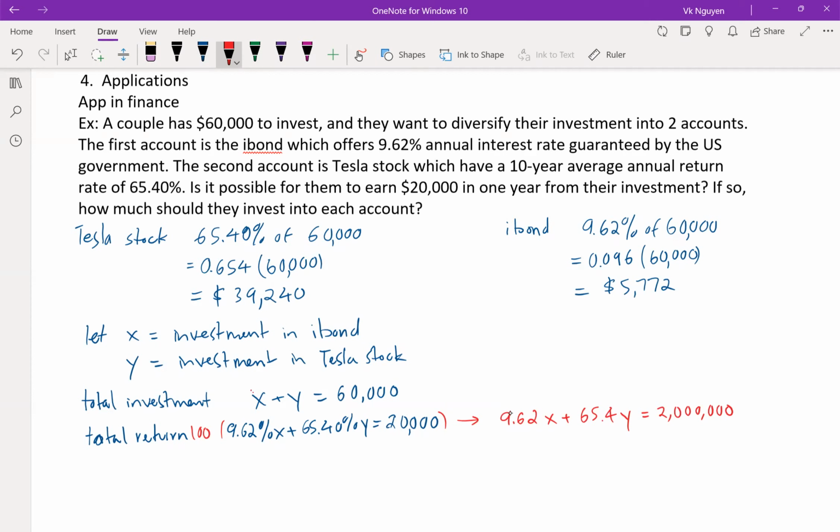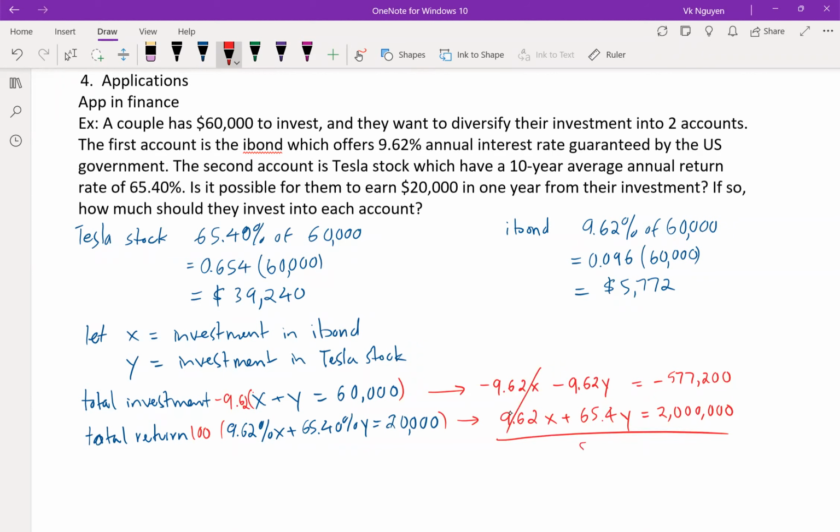Multiply the first equation by negative 9.62. And that would get us negative 9.62X minus 9.62Y equals negative 577,200. Now add them up. Get rid of the X.